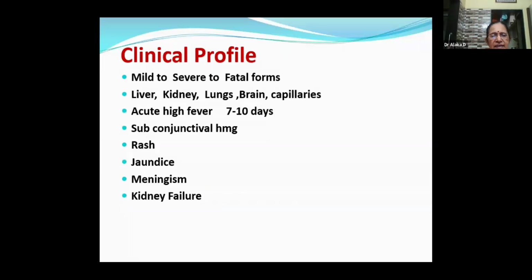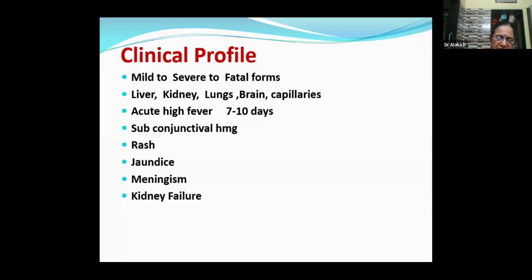Clinical profile: it can be mild, severe, or a fatal form. What does it affect? The liver, kidney, lungs, brain, and of course capillaries. There is an acute high fever which lasts for 7 to 10 days. The patient, because of the high fever, seeks your advice.